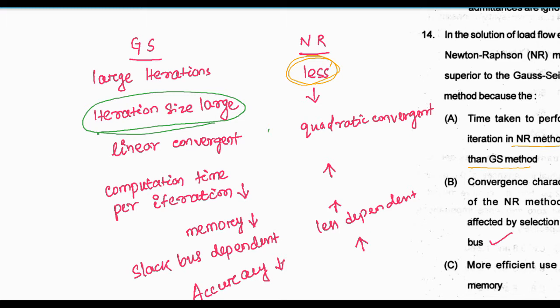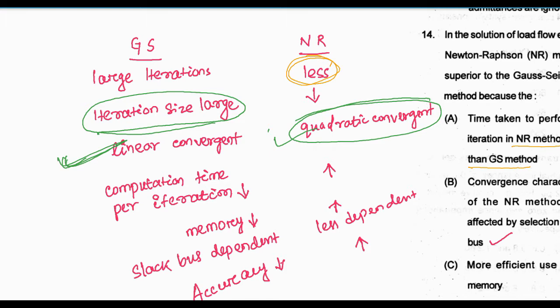Similarly, Gauss-Seidel is linearly convergent, but Newton-Raphson is quadratically convergent. This one is important. In the next question also this is asked.